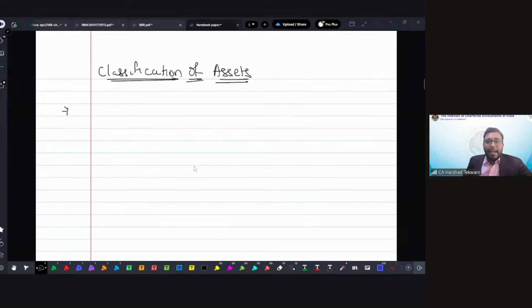So these are the classifications of assets based on whether they are overdue or not. This classification is basically given in four categories: standard, substandard, doubtful, loss asset.